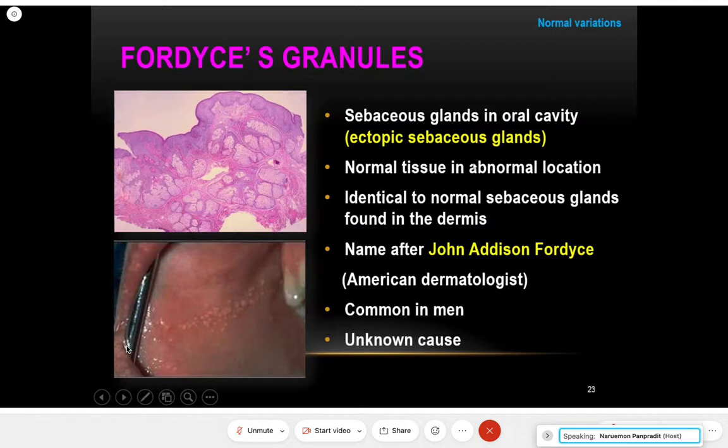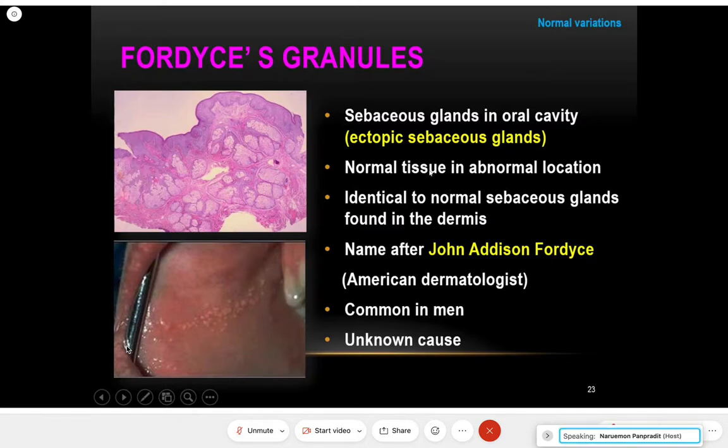Sebaceous glands should stay only in the skin, but they appear in the mouth. They don't know why, but previously we tried biopsy and it just showed sebaceous gland. So if you see this character and you are sure it is Fordyce granules, you don't need to do any biopsy.